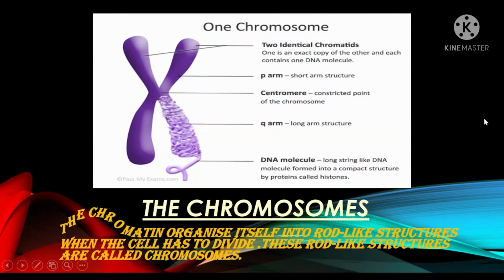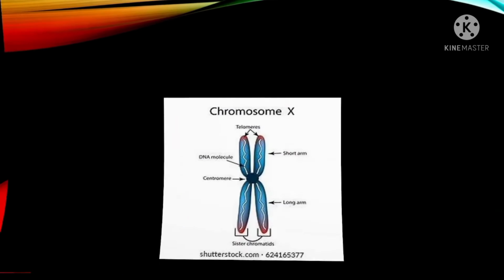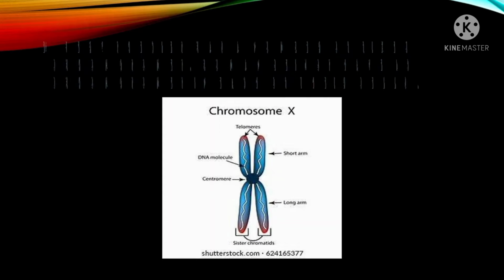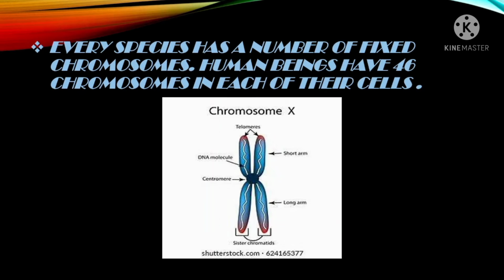These rod-like structures are called chromosomes. Every species has a fixed number of chromosomes. Human beings have 46 chromosomes in each of their cells.